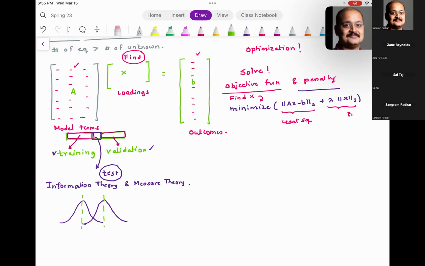This could be data set 1, and this could be data set 2. So you can actually compare these two different data sets. And determination of the appropriate model is the core. So they are used to find the appropriate model.